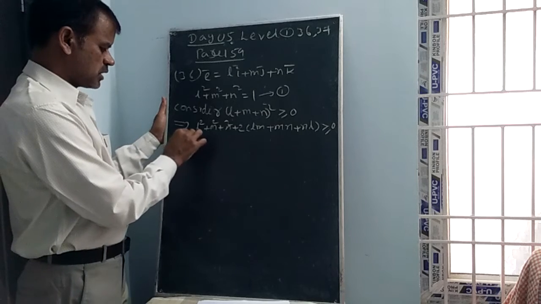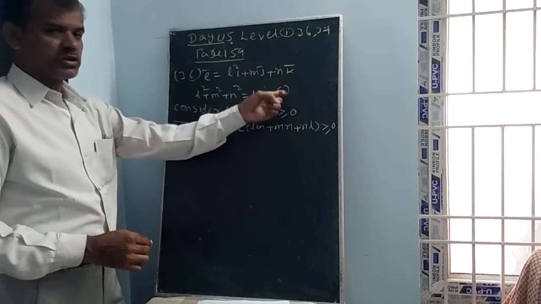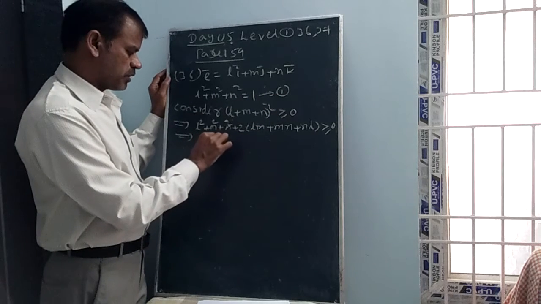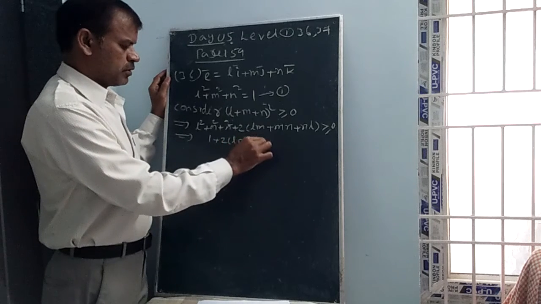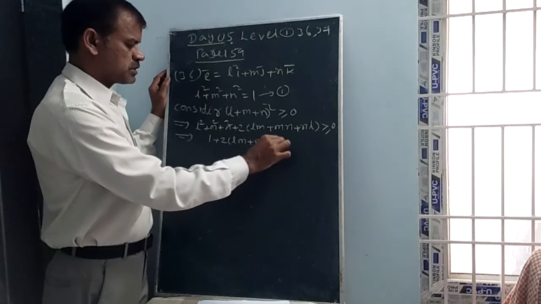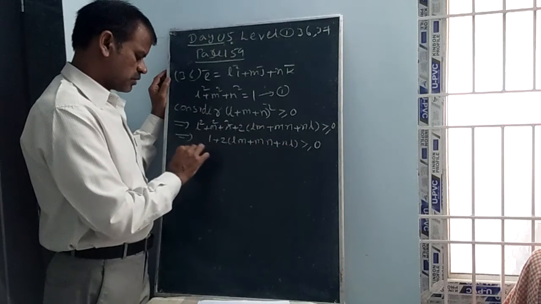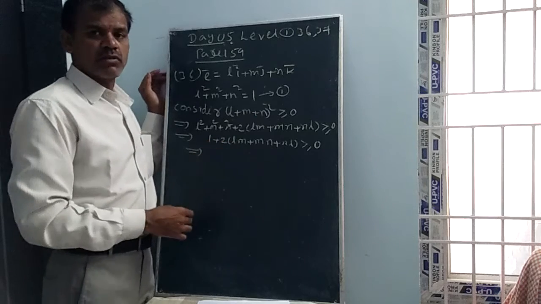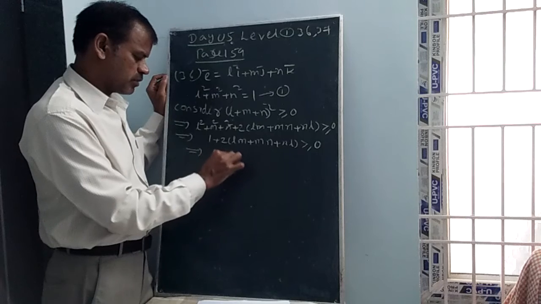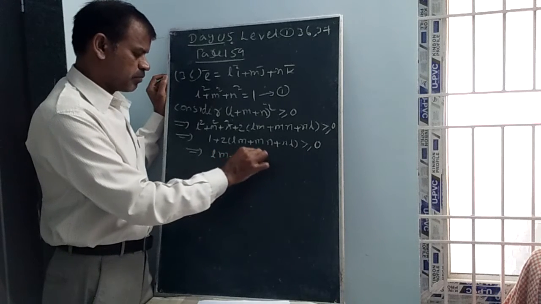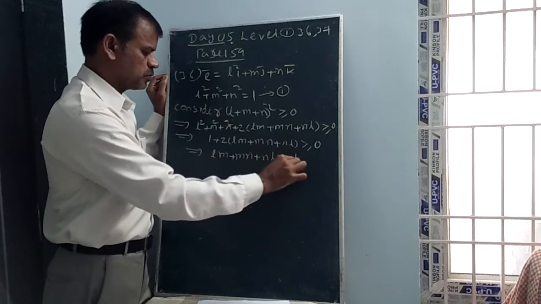Already we have L square plus M square plus N square equal to 1 from equation 1. So you write 1 plus 2 into Lm plus Mn plus Nl greater than or equal to 0. Using this, 2 into Lm plus Mn plus Nl is greater than or equal to minus 1, and Lm plus Mn plus Nl is greater than or equal to minus 1 by 2.